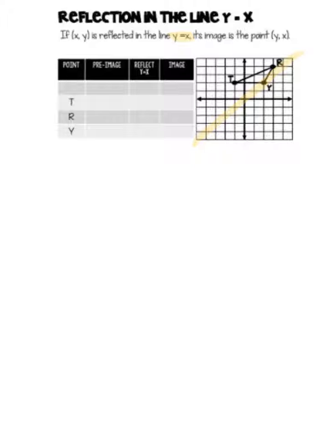Okay. So again, triangle TRY, starting with T at (-1, 2). We are going to apply our transformation. When we reflect (x, y) across y = x, it becomes the point (y, x).